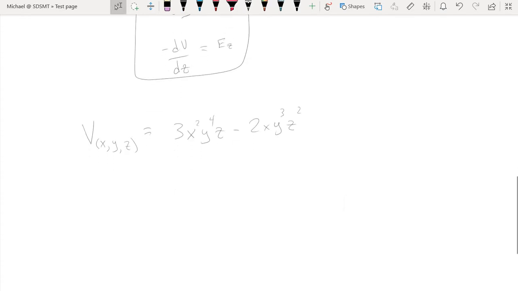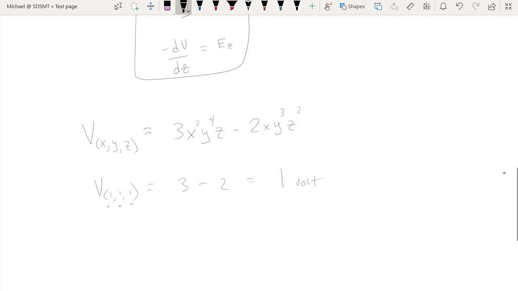But this electric potential is going to change as we travel through Cartesian space. So if I wanted to know the electric potential at the point 1, 1, 1, everywhere there's an x, I'll plug in a 1, everywhere there's a y, a 1, everywhere there's a z, a 1. And this makes it pretty straightforward. I get 3 minus 2, or 1 volt.